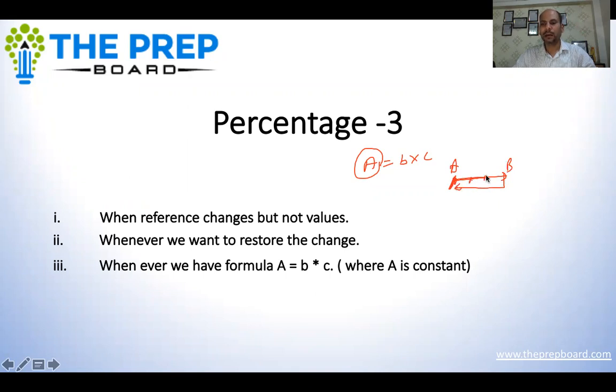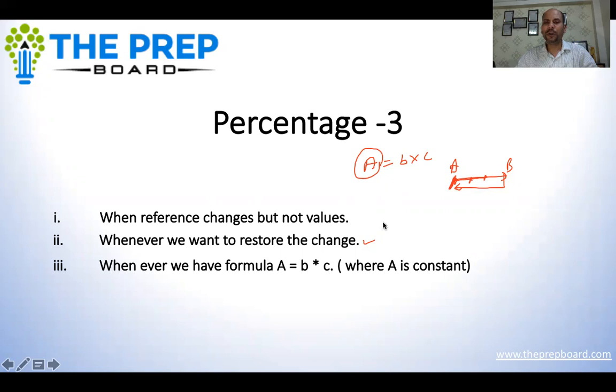It's not possible with that formula if a shopkeeper wants to earn some profit. So here we have formula 3, which we call the successive change. We can use this when there is more than one change, when we want to restore the change, but not up to 100%, maybe sometimes more than 100% or less than 100%. If we exactly want to restore, we can use the previous formula.